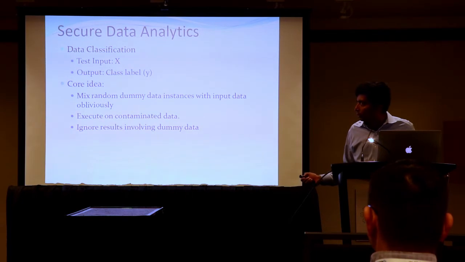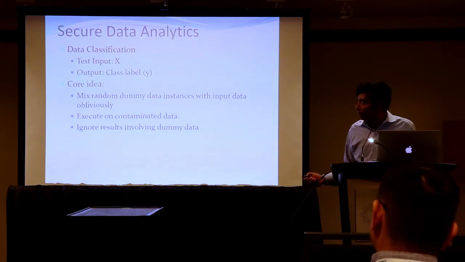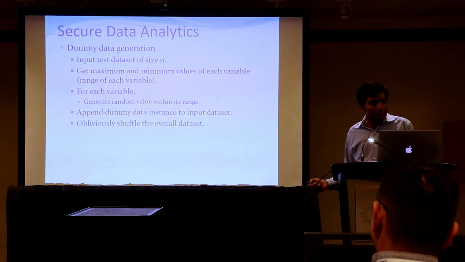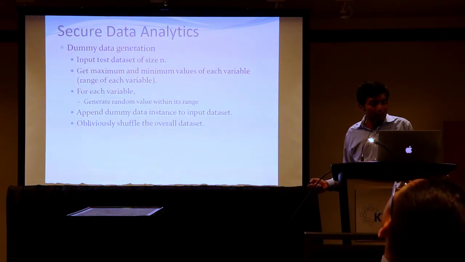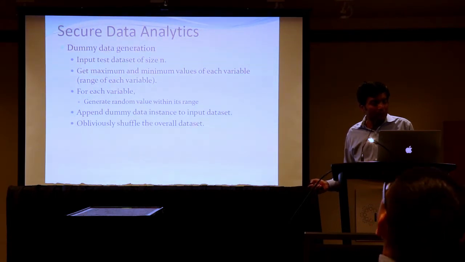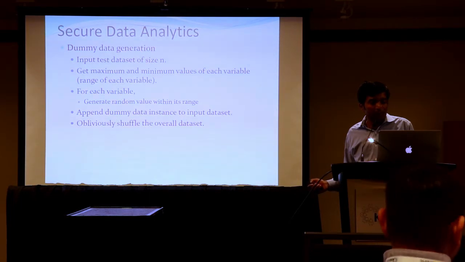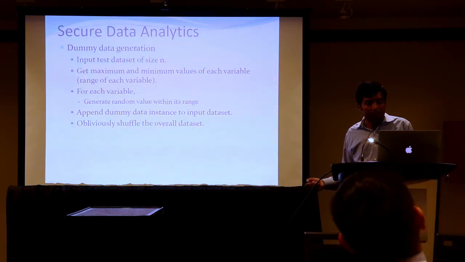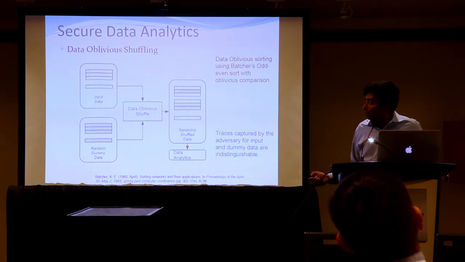What we call contaminated data means it will have the user-given test data plus some dummy data we generate. The dummy data generation is straightforward: you can use the maximum and minimum values, the range, and then randomly generate the data. Here this is input data, not training data.